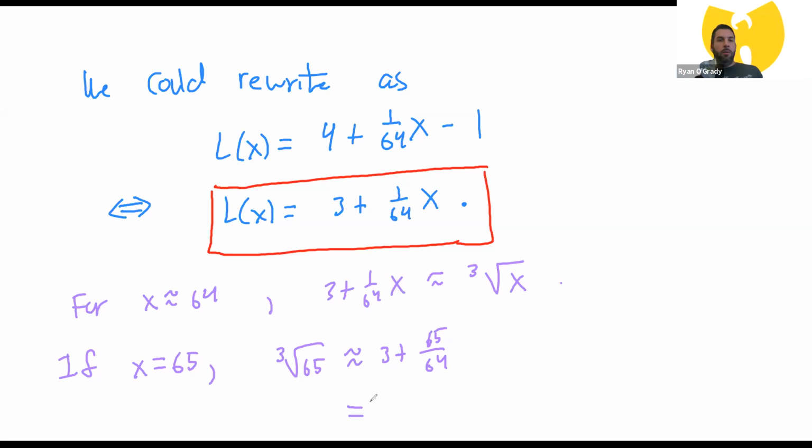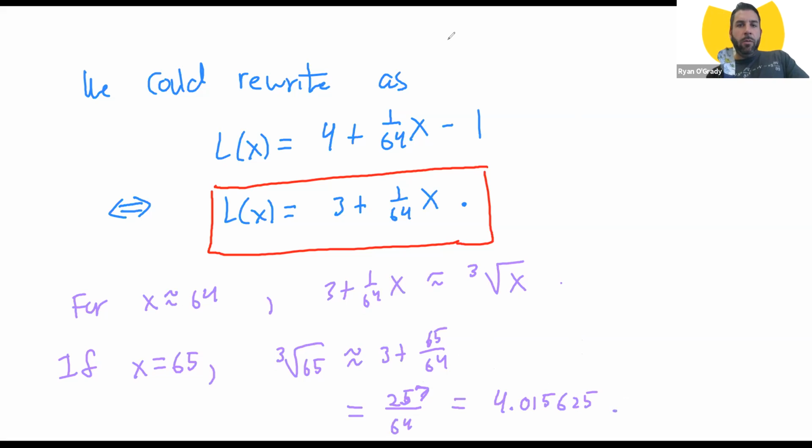And that is find a common denominator and add. So 64 times 3, and what you end up getting is 257 over 64. And this is equal to 4.015625.